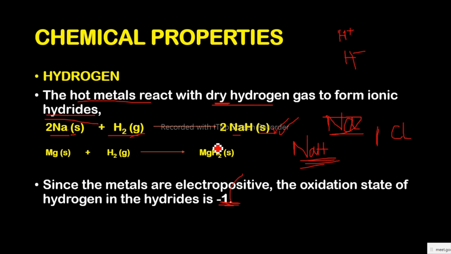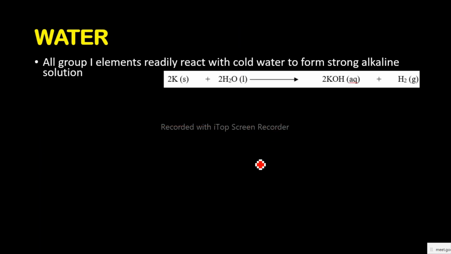If I'm not sure of the equation but I know the products, I write an equation. If it fails to balance, then that equation is wrong. But don't rely on that, it is not a guarantee. So that is basically how these metals react with hydrogen.